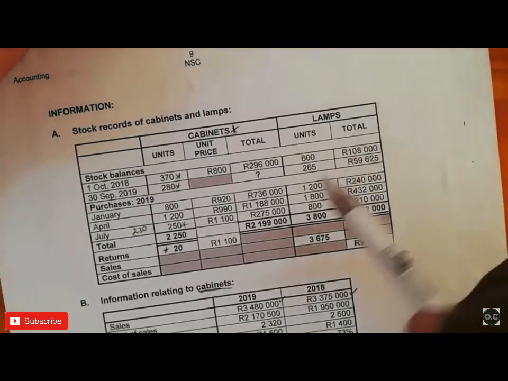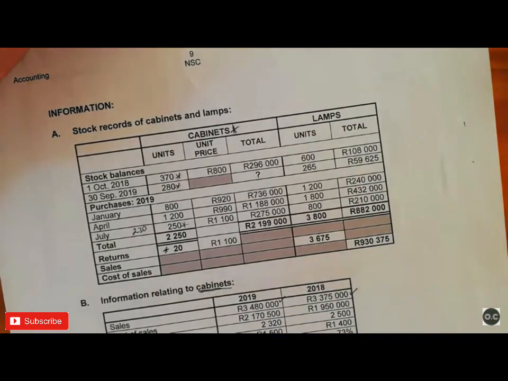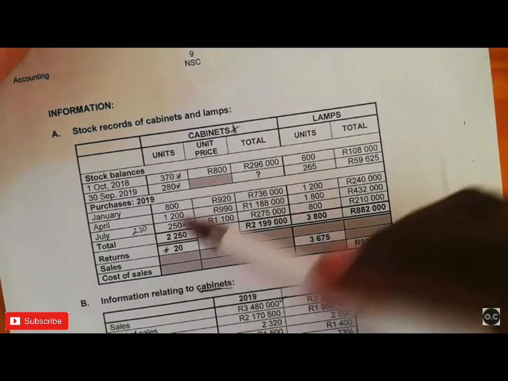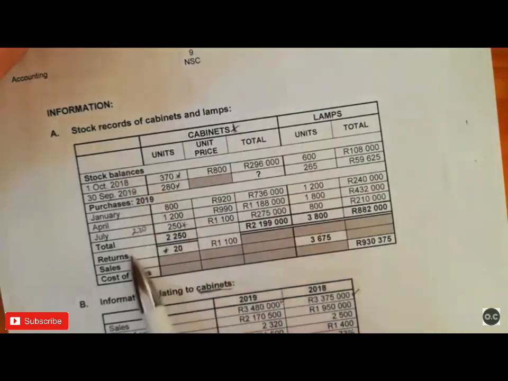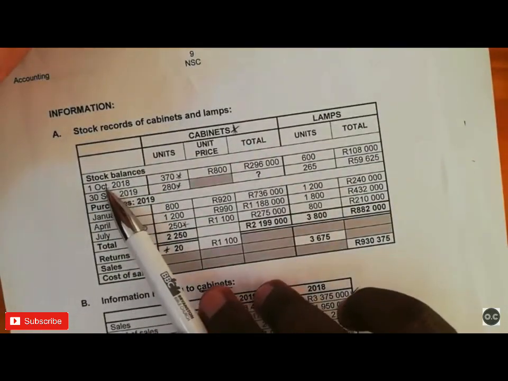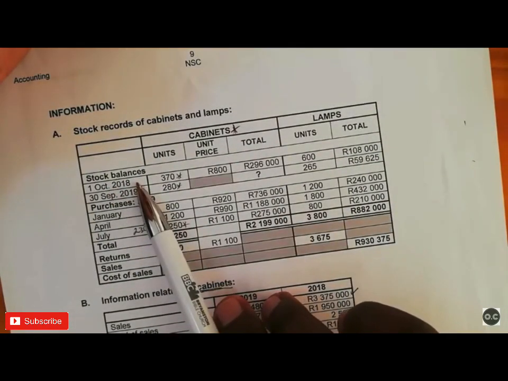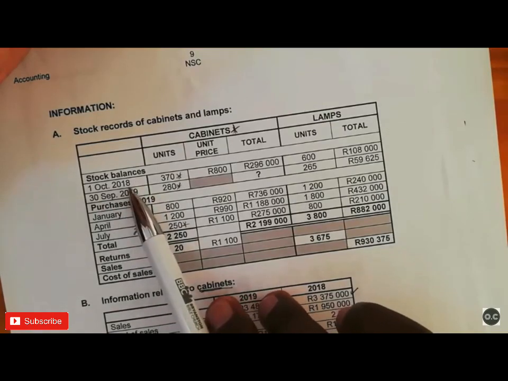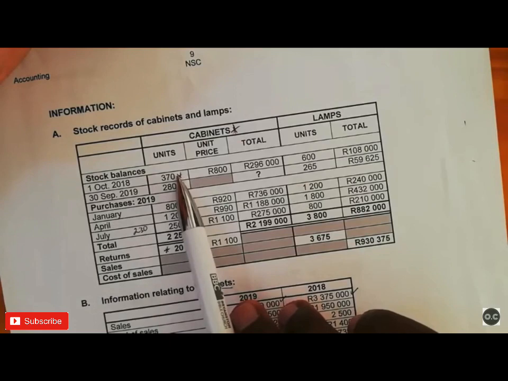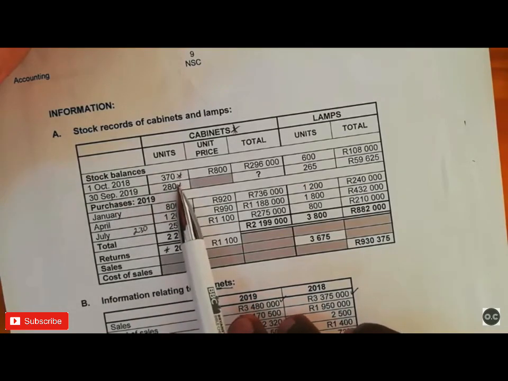They want us to calculate the value of the closing stock. So what we have here is the stock balances. At the beginning, 1 October 2018, because the year ends in September 2019, we've got 370 cabinets. And then at the end of the year, we have 280 cabinets. They've given it to you.